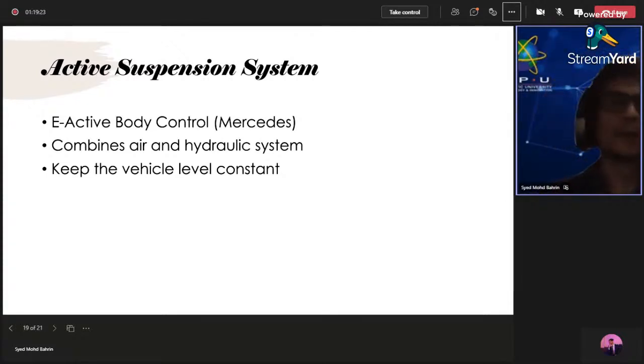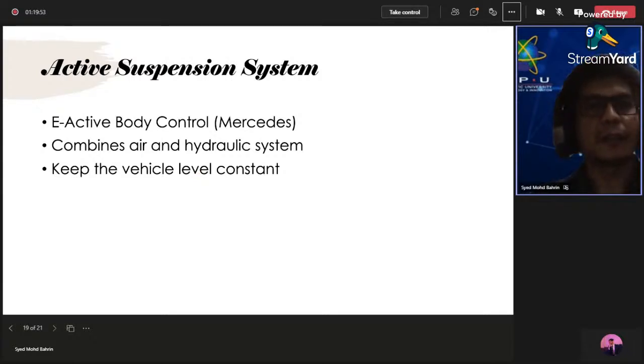Okay, so in general, the performance of the active suspension system is much better as compared to the passive. But it comes with a bad side: it requires an external power, it requires sensors, it requires a control algorithm, and hence it costs much more as compared to the passive.